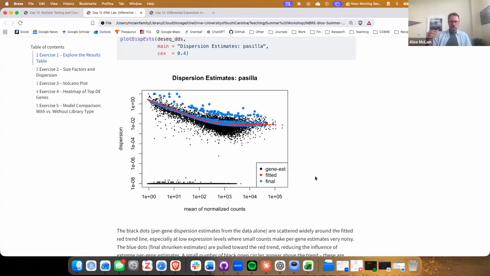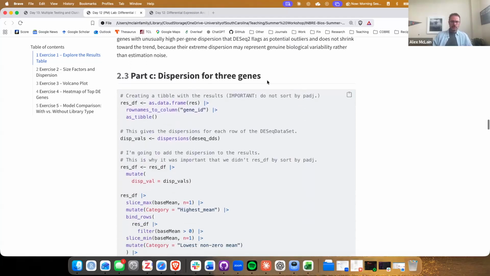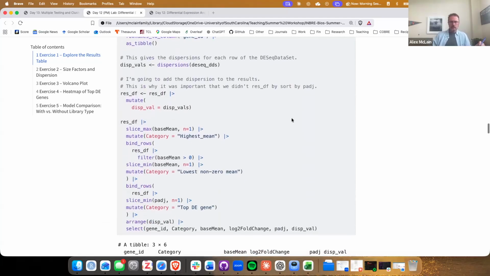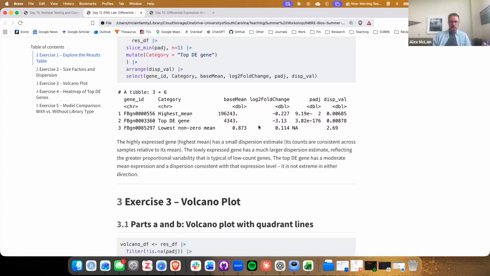The dispersion plot, which we talked about in good detail yesterday: the red line being the fitted value, the black lines being what is estimated just on the gene-specific data, and the blue line being the final value, which combines those two. This was the code that I gave you for the dispersion estimates for 3 genes: the gene with the highest mean, the gene with the lowest non-zero mean, and the gene with the most significance.